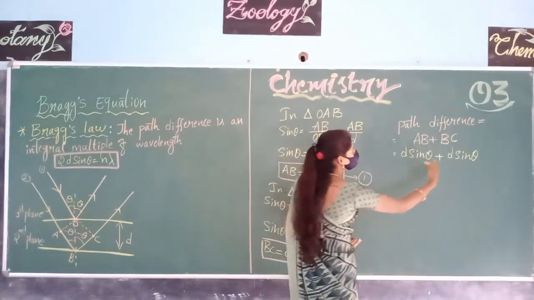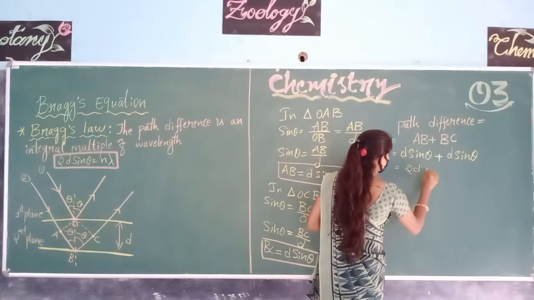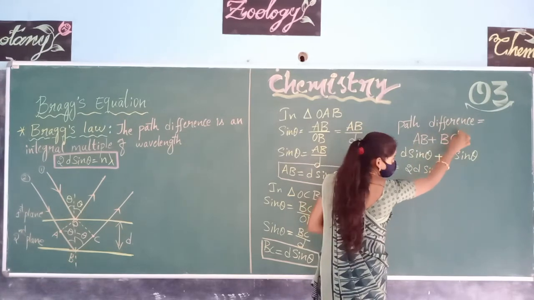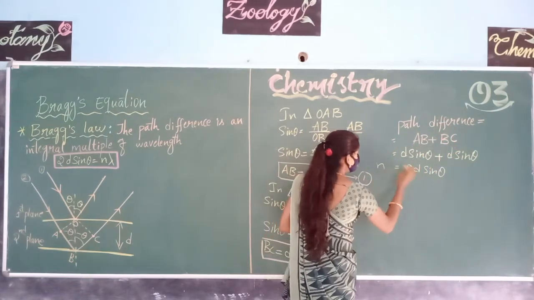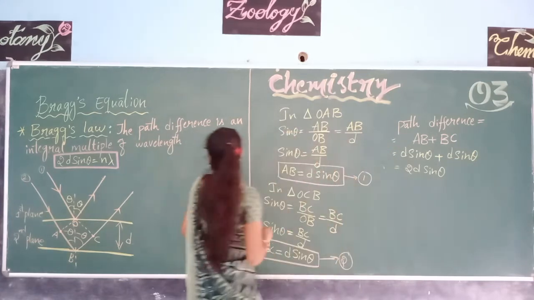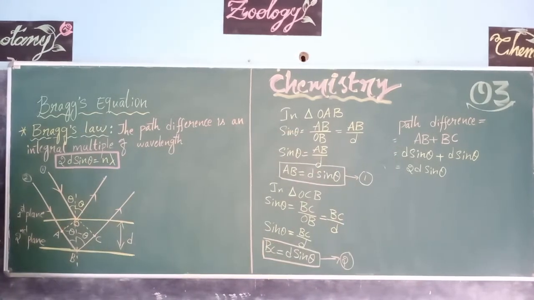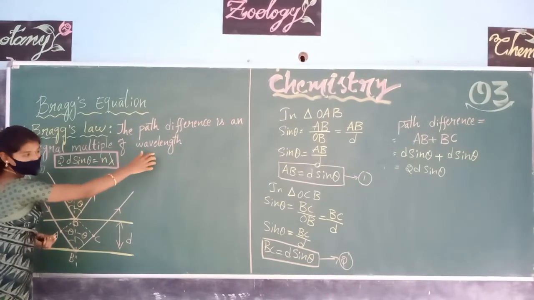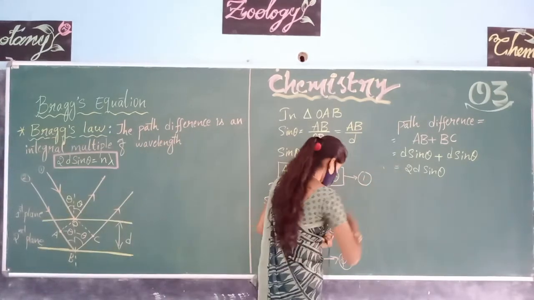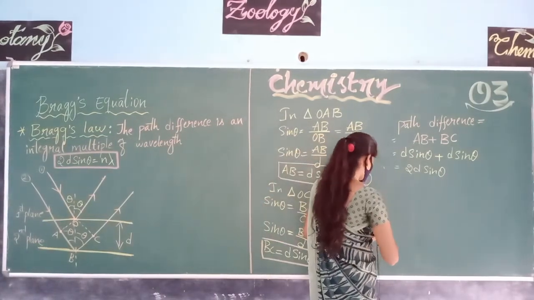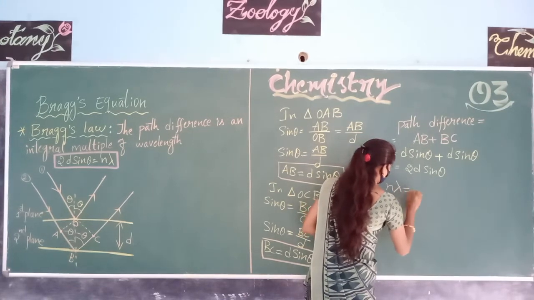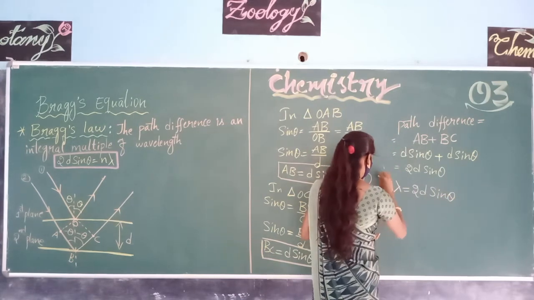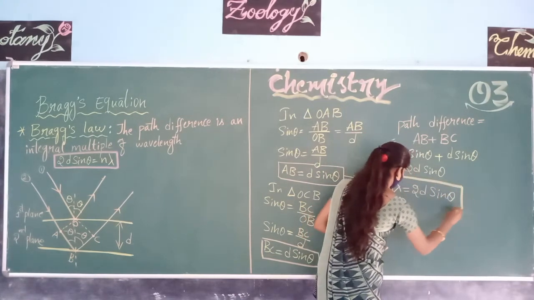So d sin theta plus d sin theta will be 2d sin theta. So this AB plus BC is the path difference. So the path difference is 2d sin theta. From Bragg's law, the path difference is equal to an integral multiple of wavelength, that is, n lambda is equal to 2d sin theta. So finally Bragg's equation was derived.